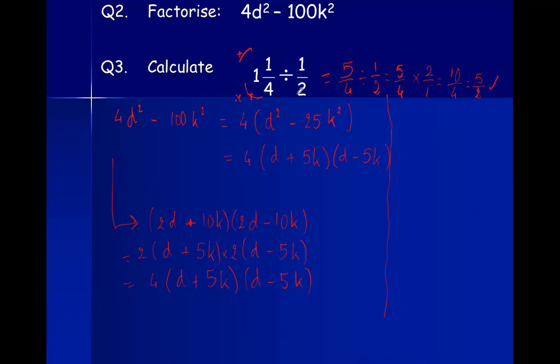But if you had a calculator, you need to think about what is 1 1/4. 1 1/4 is 1.25, yeah? A half is 0.5. Think about you having 1 pizza, yeah?